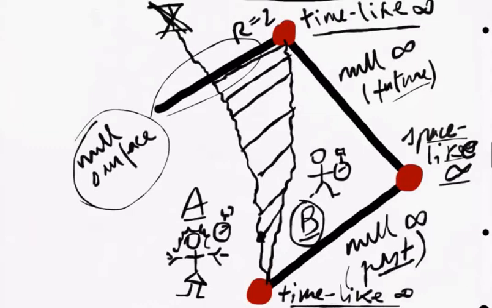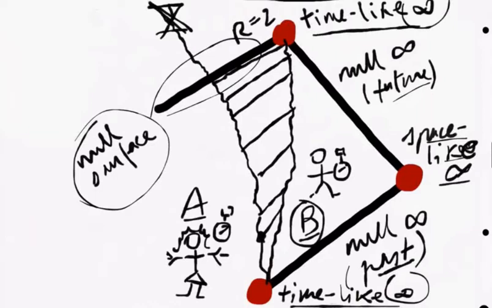And because the bottom line is a timelike infinity, and the upper point is a timelike infinity in the future, traveler B is going to need an infinite amount of proper time to reach the timelike upper point.